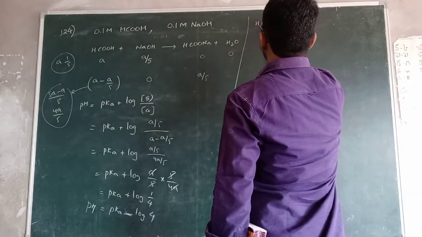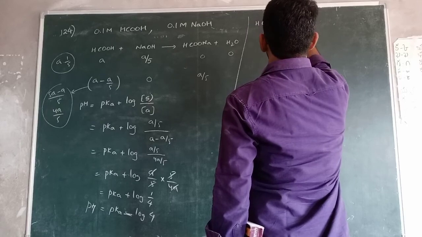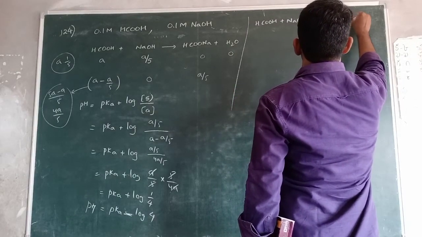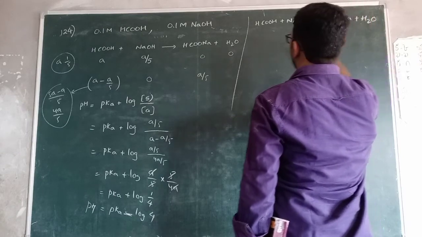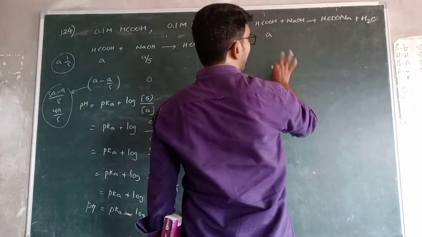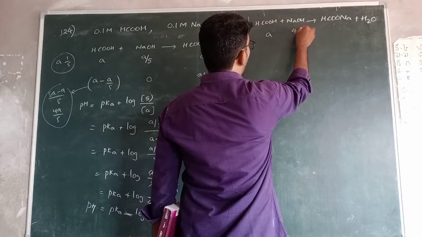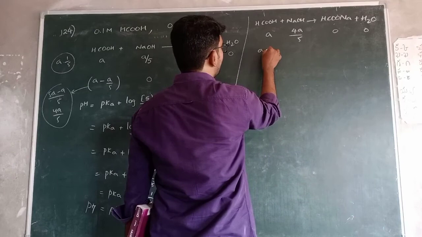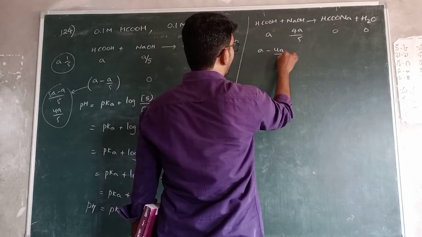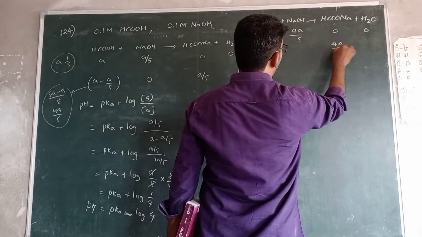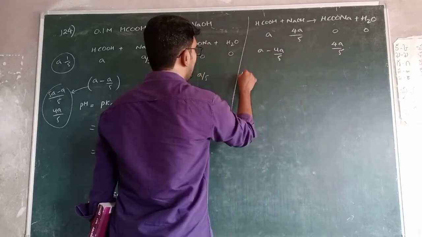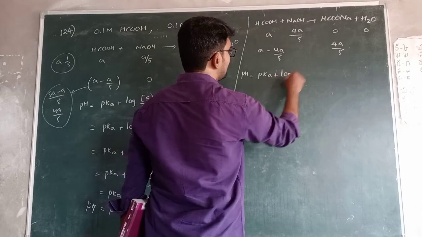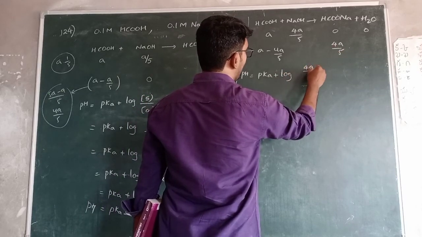Second one, HCOOH plus NaOH gives rise to HCOONa plus H2O. When the 4 by 5 stage is completed, the salt is 4A by 5. So how much acid is left? A minus 4A by 5. Then pH is equal to pKa plus log concentration of salt 4A by 5 divided by the acid left.